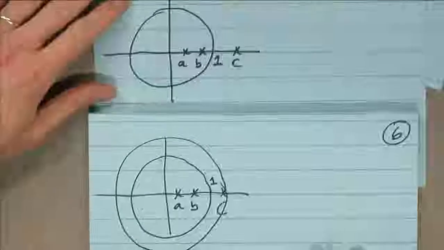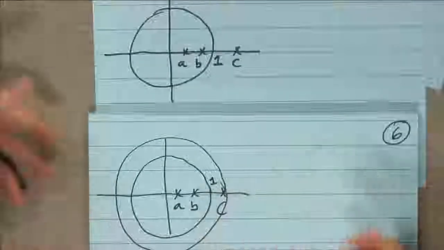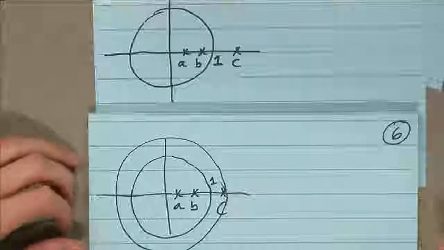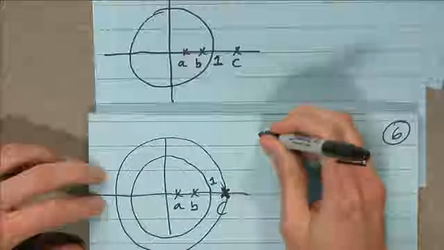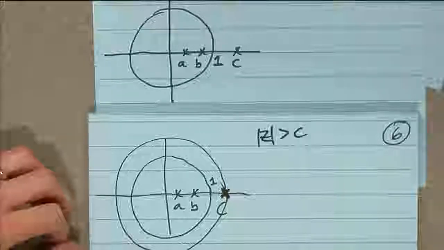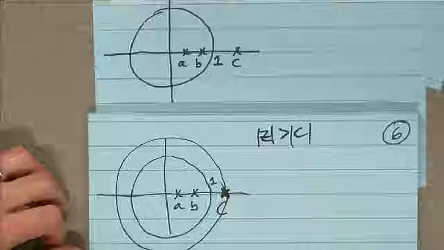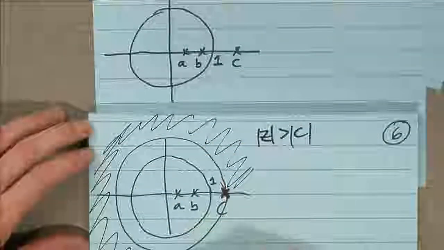Let's see if I can put it all on screen. A pole at A, a pole at B, the unit circle, just so we can see it. It's not a pole, it's not a zero, it's just there. And then a pole at C, and our region of convergence is all z greater than C. Since it's the largest magnitude pole, just to remember the rule. So if we were shading this, that's everything outside of C.